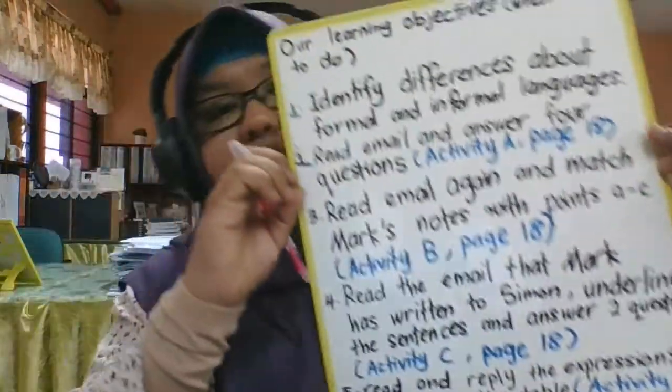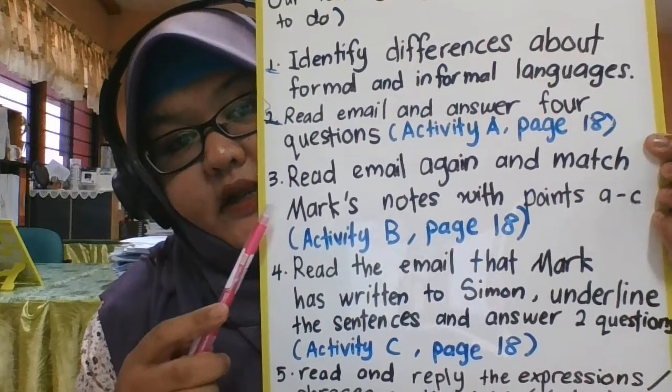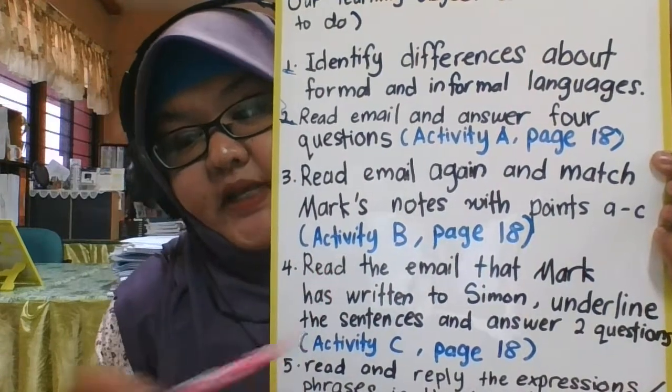The invitation, the invitation to the party. Okay, so you need to match which one. That's for activity B. That's number 3 that you should do. Right, so now I've done telling you what you should do for 3, which is activity B.